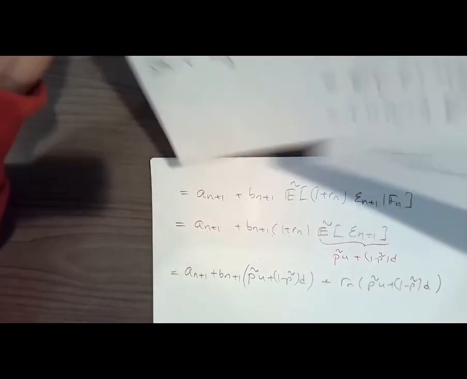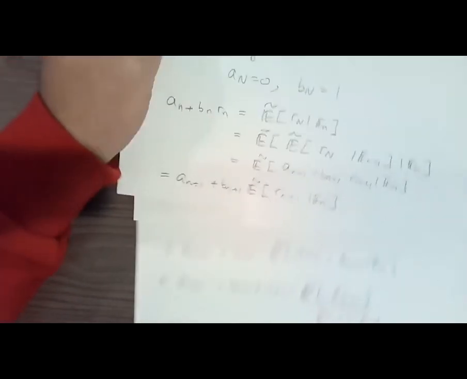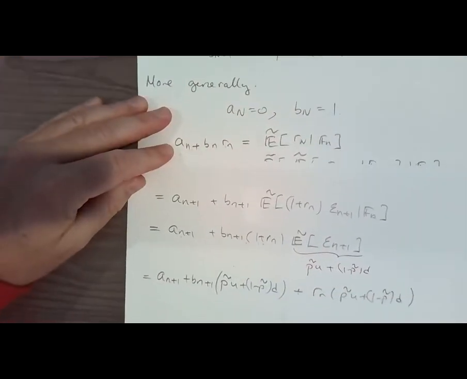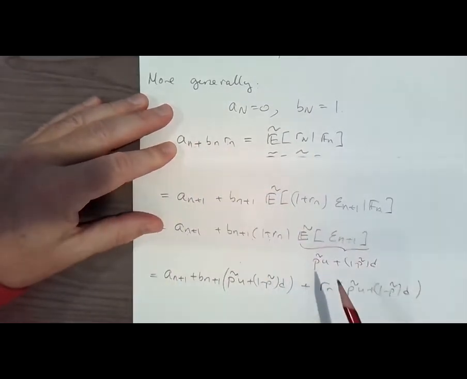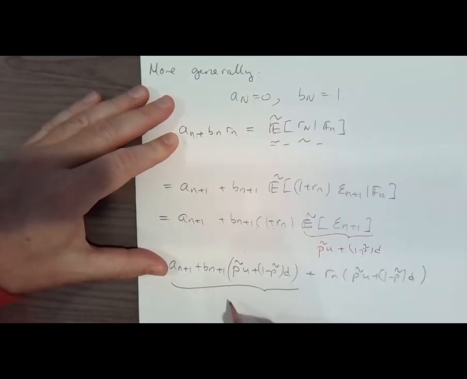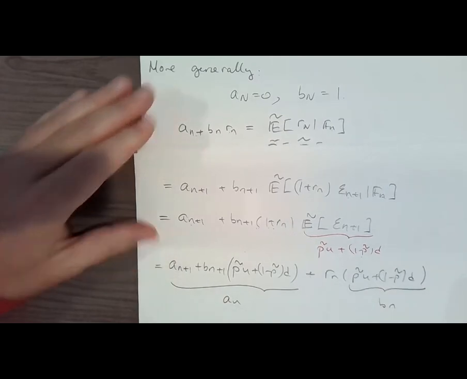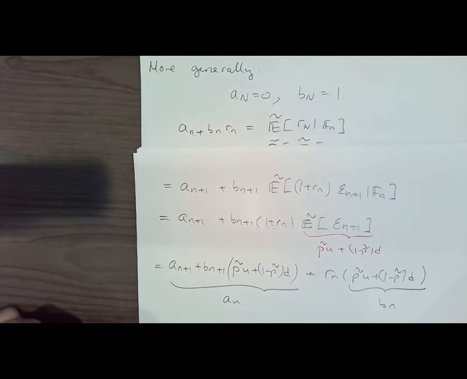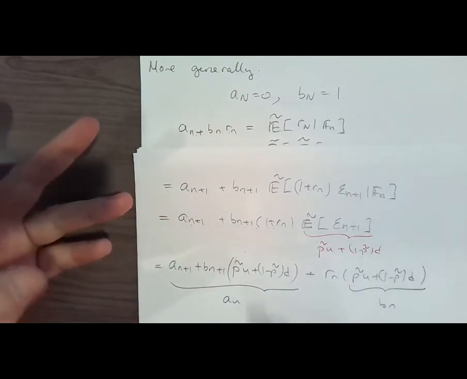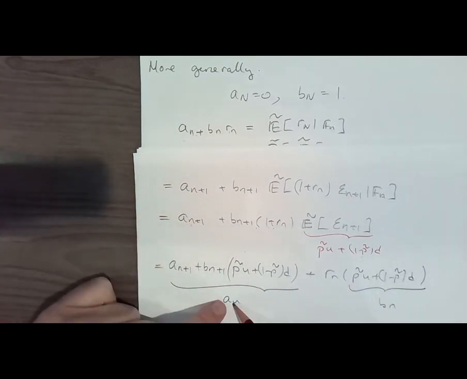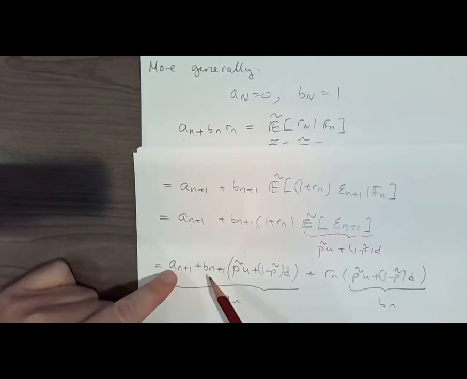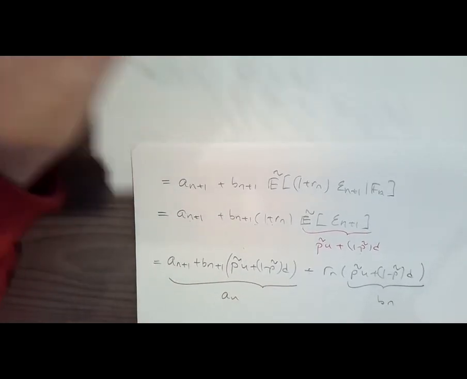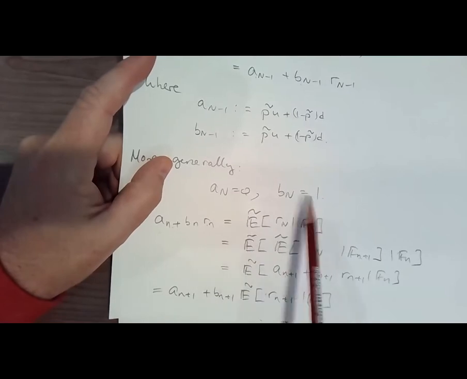And then I'll match up with what we were trying to compute, an plus bn times r. So here I find this is my an, and this is my bn. This gives me a recursion. I can express an and bn in terms of an plus 1 and bn plus 1, and I know where they end up: at 0 and at 1.